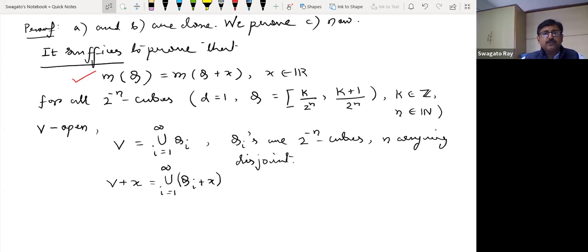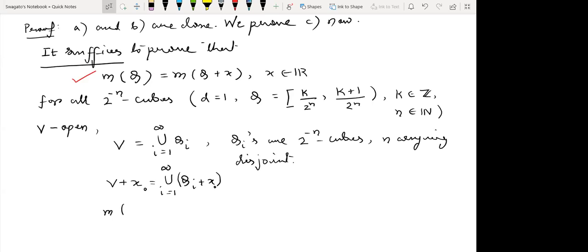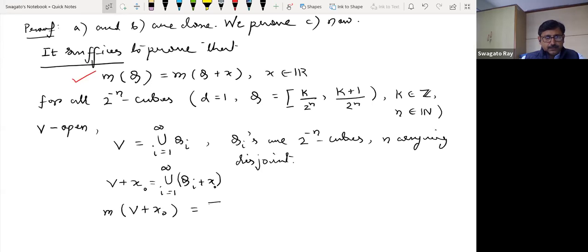X is not varying. So if you like, I can call it X naught, a fixed X naught. Now, since this is a disjoint union, the measure of V plus X naught is equal to the summation over i from 1 to infinity of the measure of Qi plus X naught.